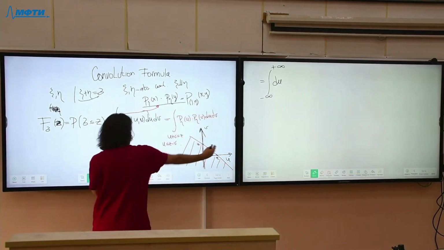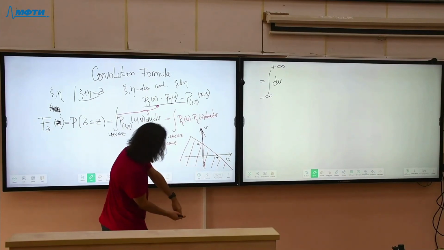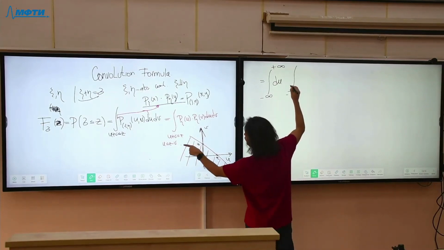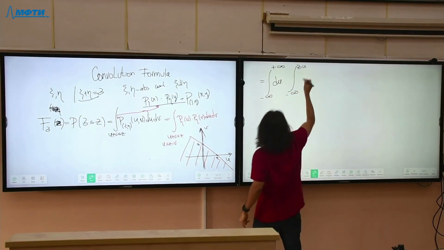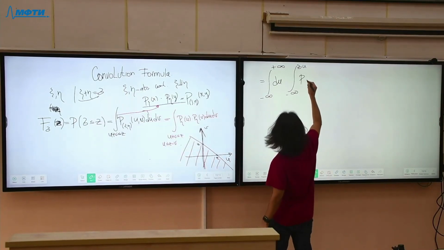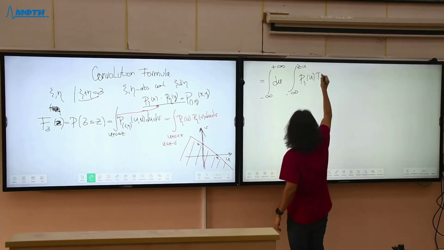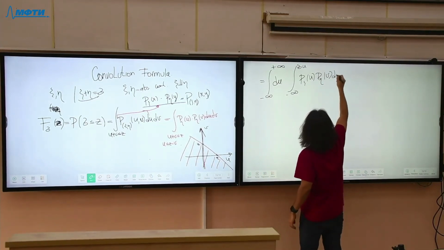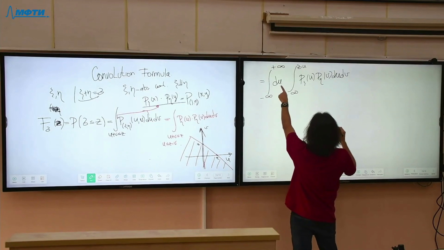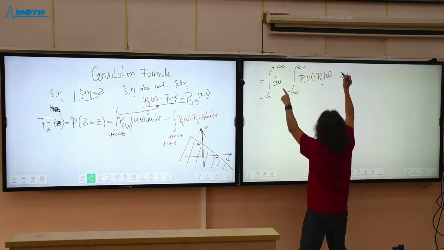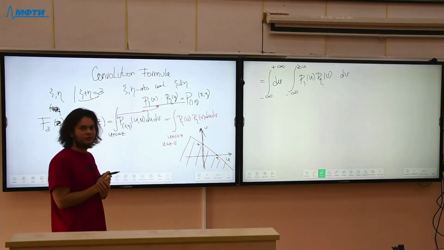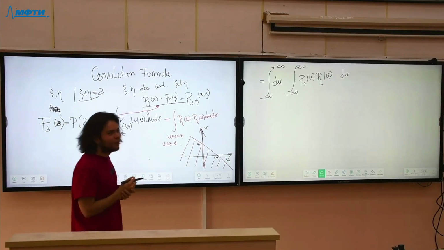And v goes from minus infinity to Z minus u of this. Yes? This calculus is not new.